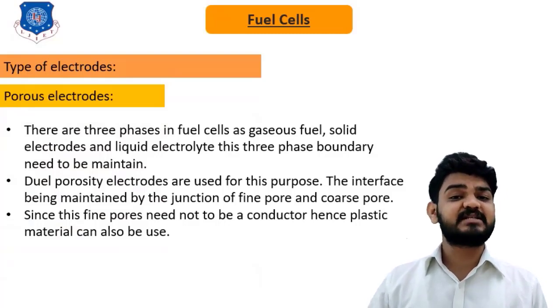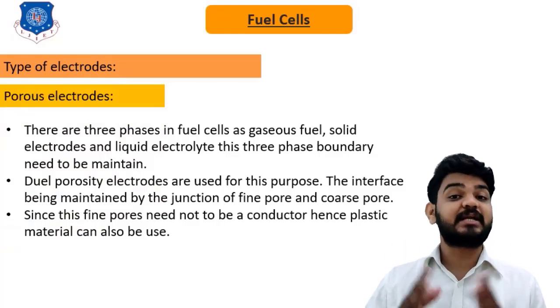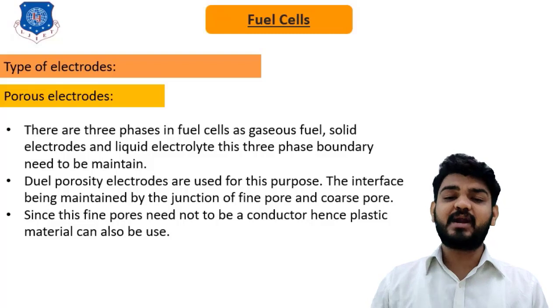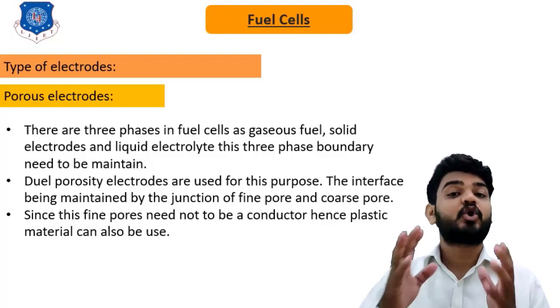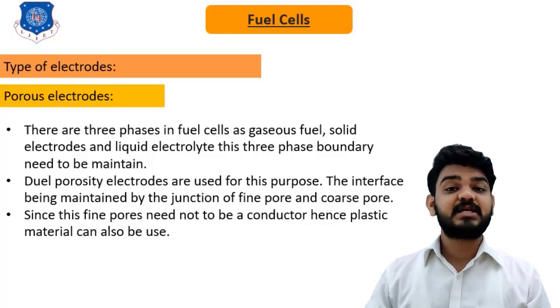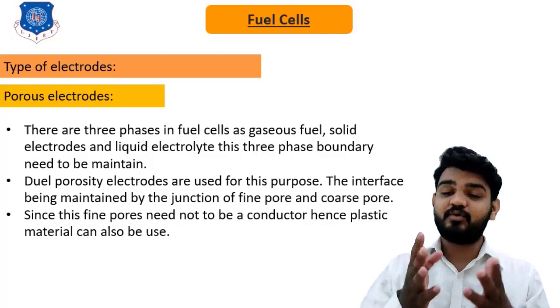These three phases need to maintain their boundary throughout the process. Well, the dual porosity type of electrodes are used for this purpose. They maintain this boundary at the junction which is made up of the coarse pores and the fine pores. Since the fine pores do not need to be conductors, we can use plastic material for fine pores.